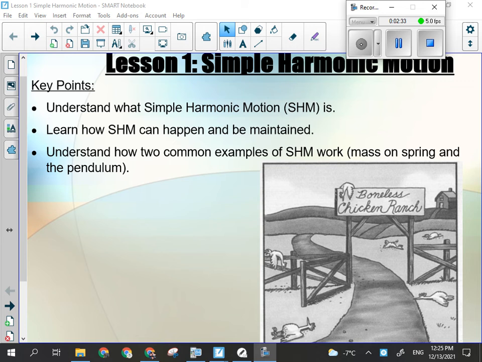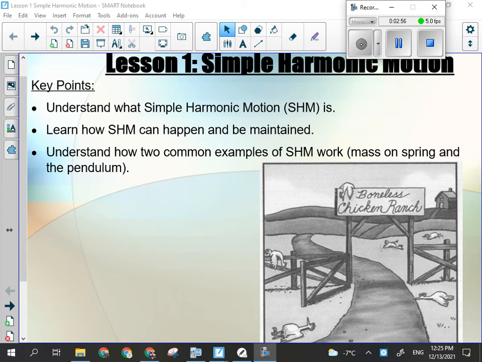The problem is when it gets there, it just keeps right on going, because it's built up all of this energy, and that results in it going the other way. So a pendulum continues to swing back and forth because that restoring force is constantly trying to restore the equilibrium that was disrupted. Does that make sense to everybody?